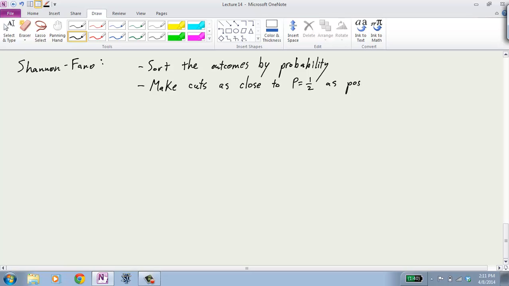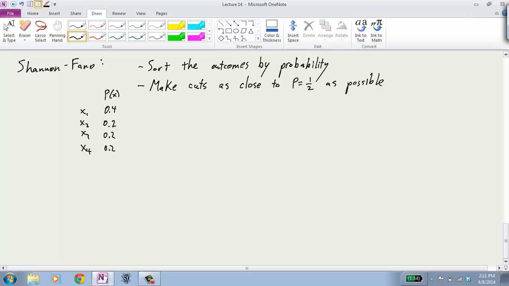So, in other words, if you had all these probabilities, here's x1, x2, x3, x4, and let's say they're already sorted, and you had like 0.4 and 0.2, 0.2, these are the probabilities, p of x.